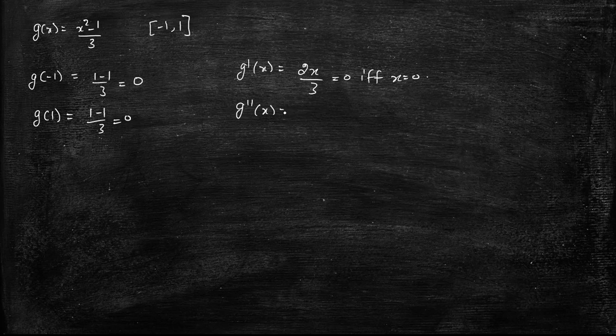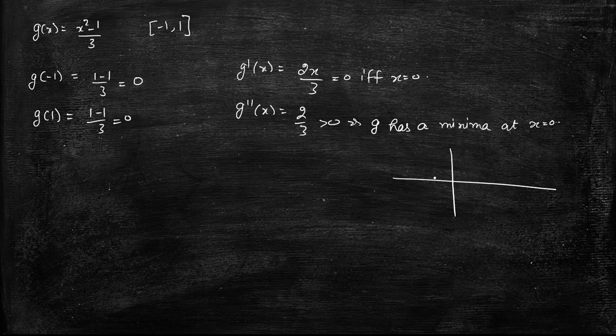So let us see what are the maximum and minimum values of g inside the interval minus 1 to 1. So g prime x is equal to 2x upon 3, and it will be equal to 0 if and only if x is equal to 0. g double prime x is equal to 2 upon 3, which is greater than 0. This implies g has a minima at x equal to 0. So our graph will look something like this. At minus 1 we have 0, at plus 1 we have 0, and at 0 we have minus 1 upon 3.